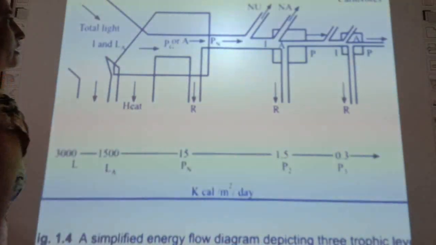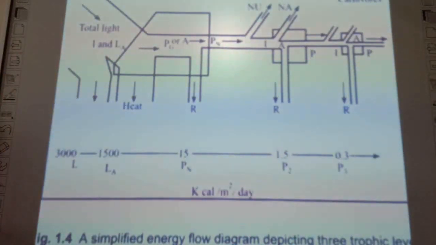So we can count the energy. It is the simplified energy flow diagram depicting 3 trophic levels.